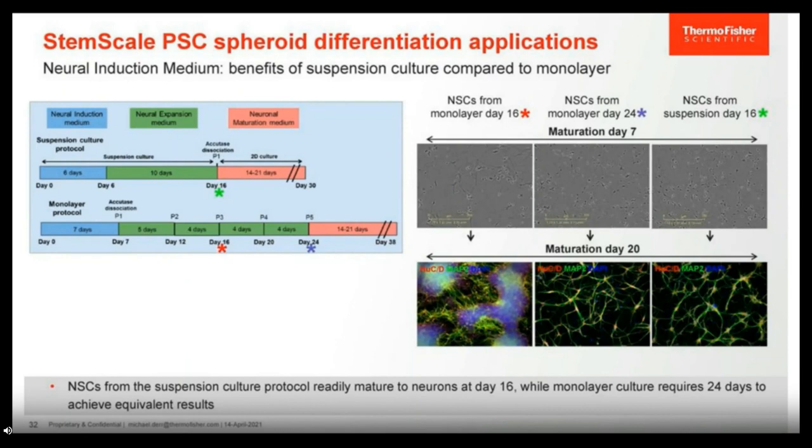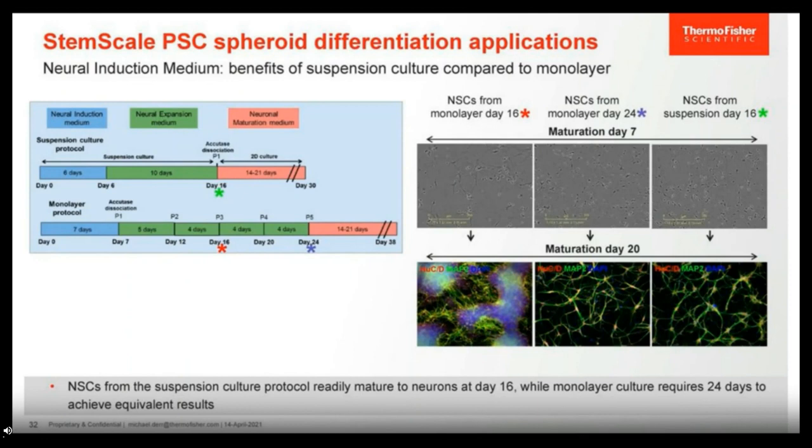And then, so you can compare that condition to the middle one, which is monolayer NSCs taken from day 24 and going into maturation. And then also on the right, you have suspension culture protocol NSCs from day 16.